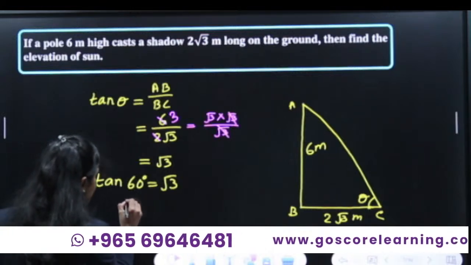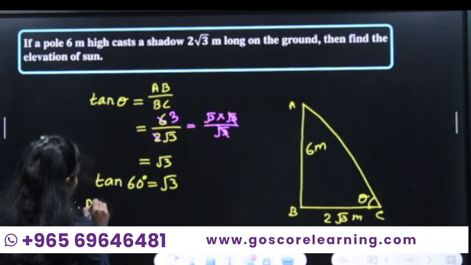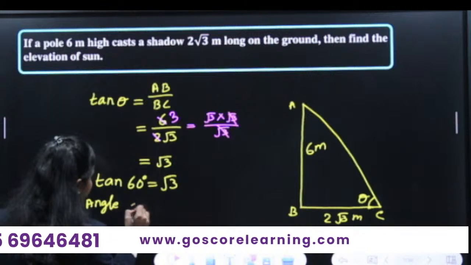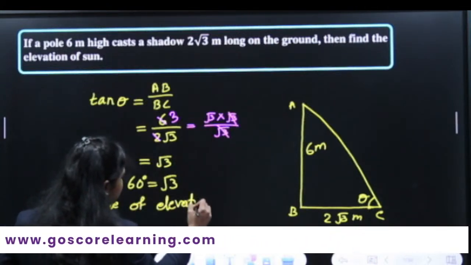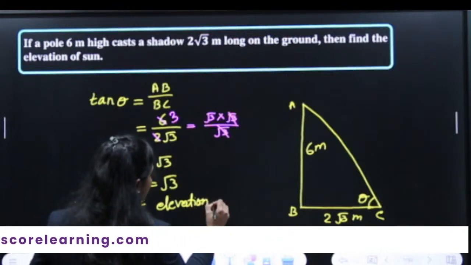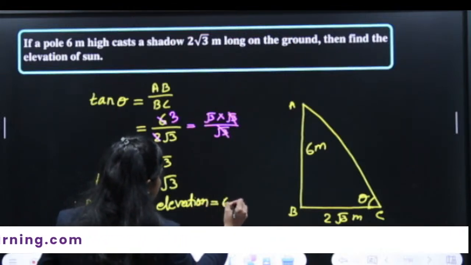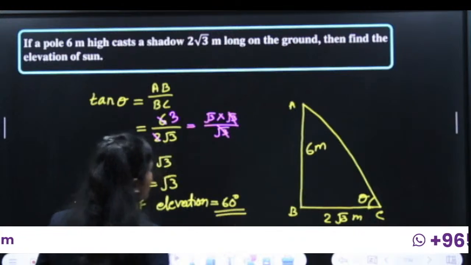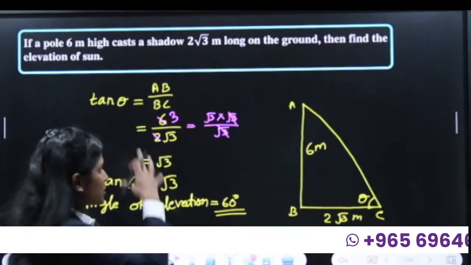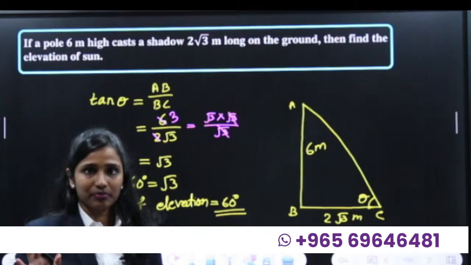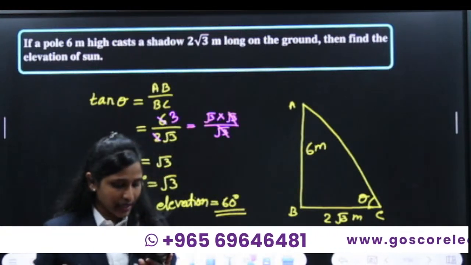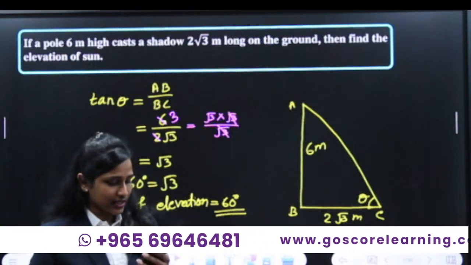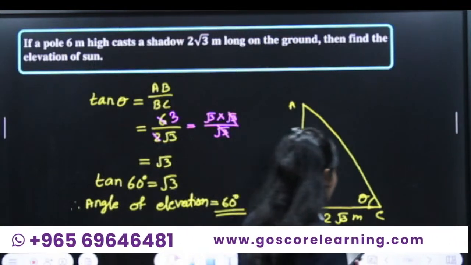So we can simply say therefore angle of elevation is equal to 60 degrees. So it's an MCQ. You have to do this much to find the answer. Clear? Any doubt? Yeah, we have the correct answer, tan 60. Now the next question.